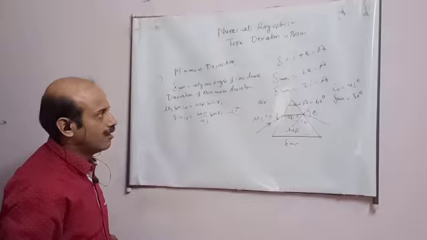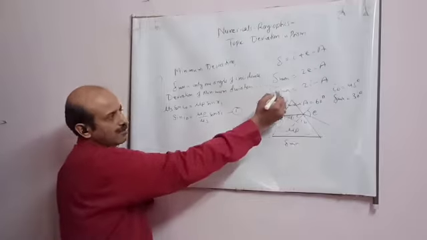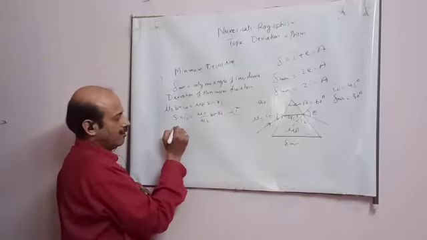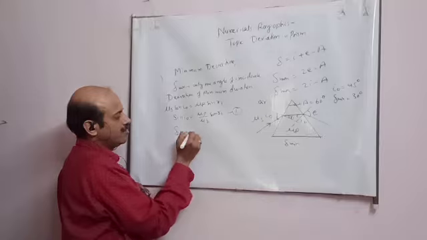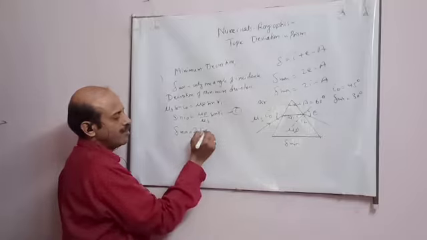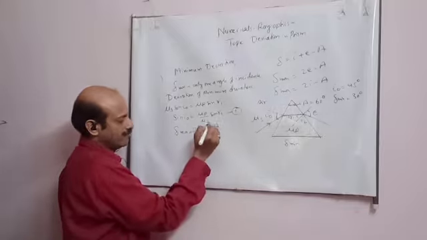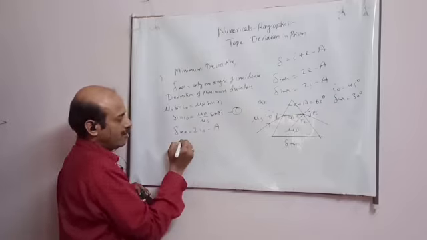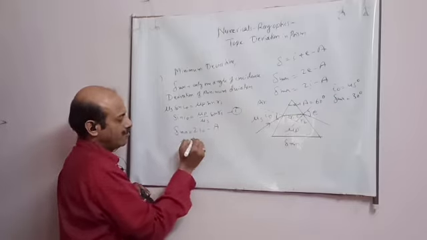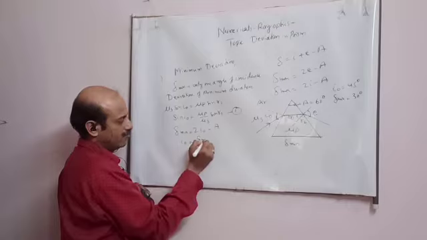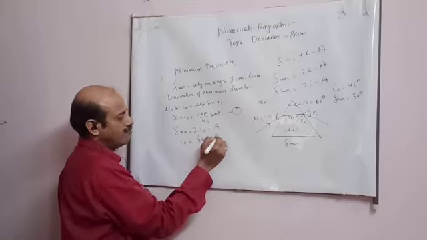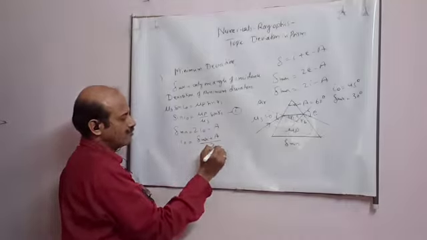Now from this formula, minimum deviation is given by twice I0 minus A. So I0 will become equal to delta minimum plus A upon 2.